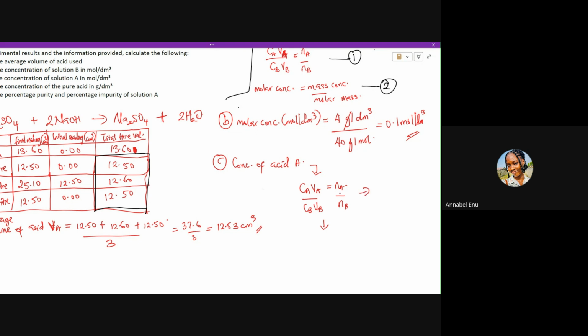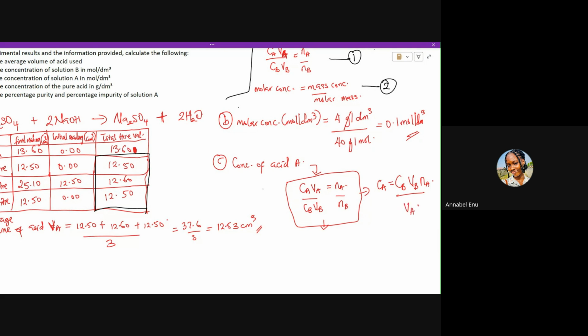So we can have this old formula, right, to be the same thing as when we make concentration of acid the subject of the formula. It will be equal to, we're making it subject by cross multiplying, so CB, VB, NA are all in one plane: CB, VB, NA divided by VA and NB.